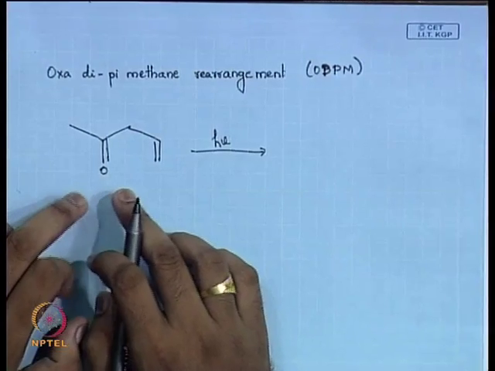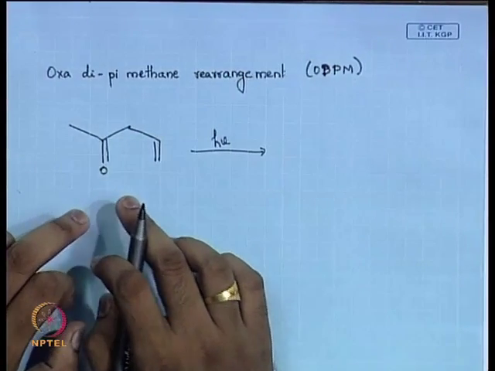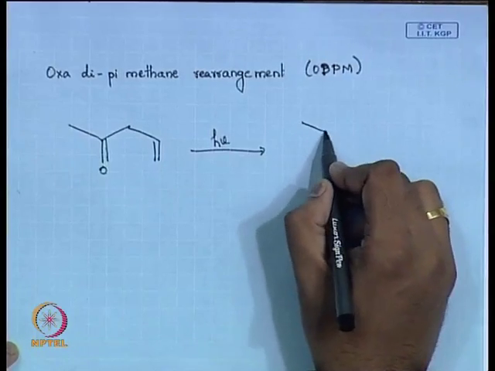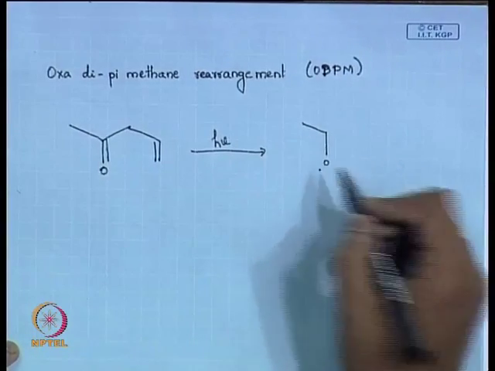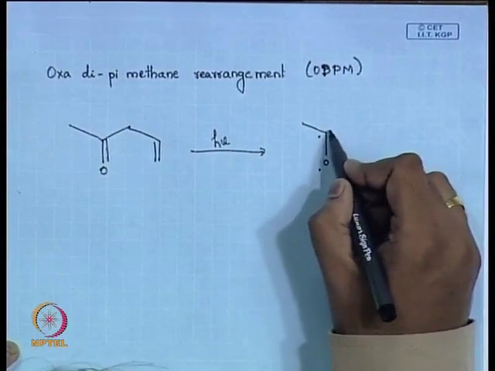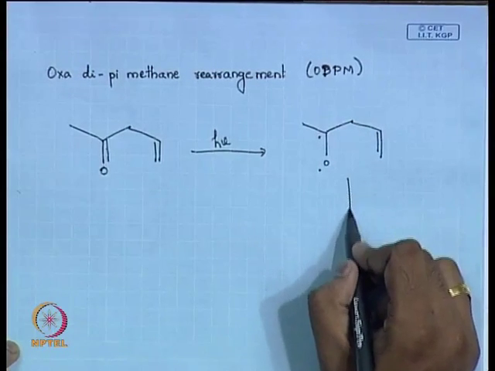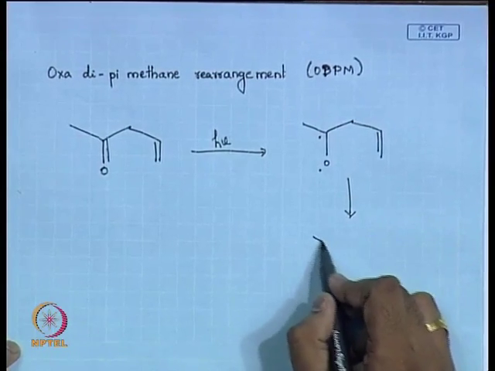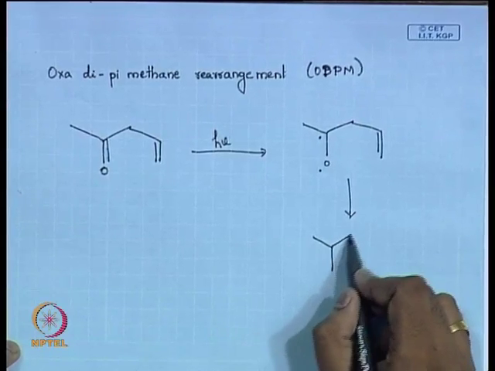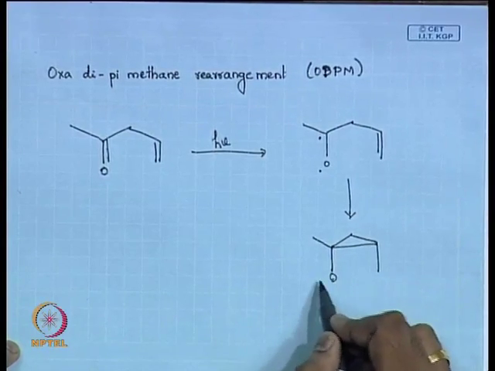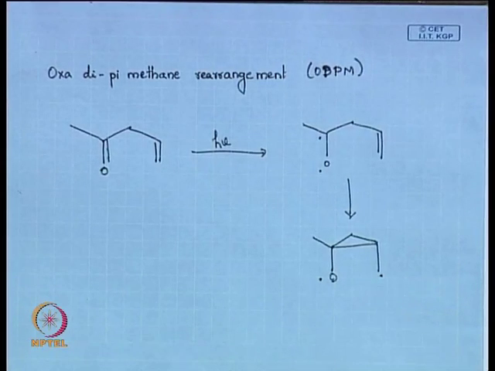You can go to the singlet, then intersystem crossing to your triplet. So then I can get my radical chemistry. So, I get this.